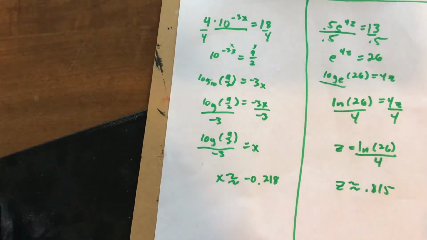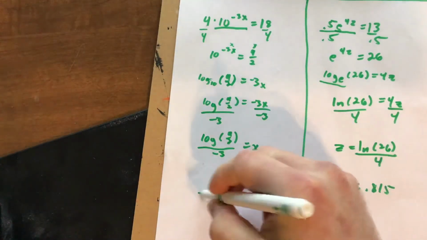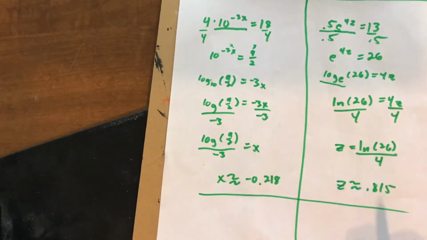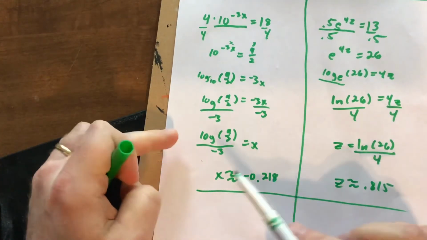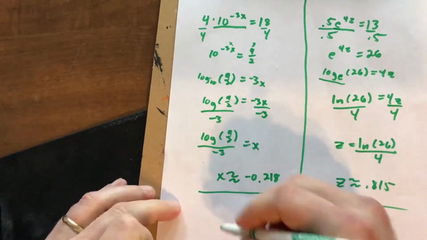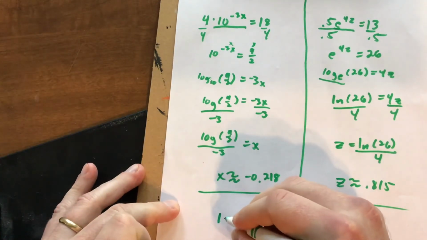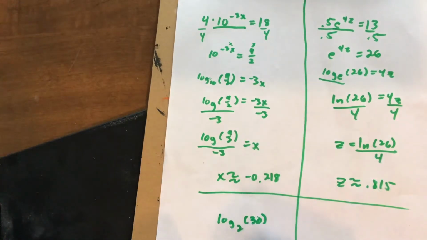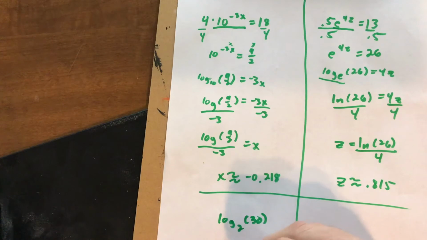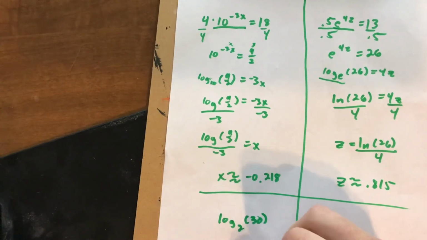You'll see one other thing in Khan Academy that you might be aware of. What if it's not a base 10 or a base e, where we can just do log or natural log? What if it's like log base 2 of 30? Well, there's a change of base rule that says you can rewrite this as log of 30 over log of 2.